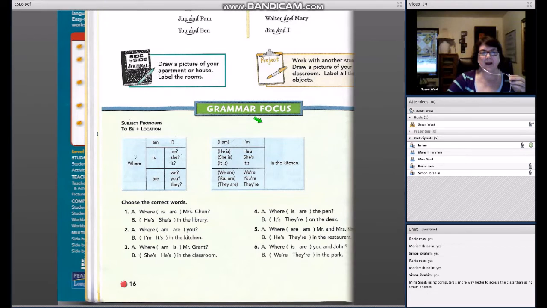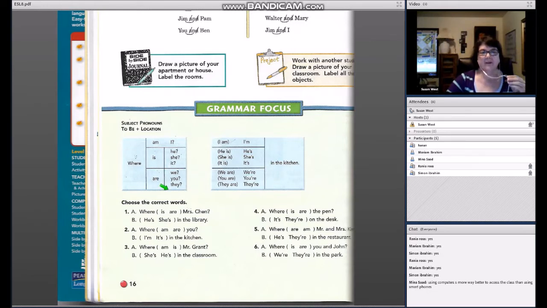And then our pronouns here, our pronouns are I, he, she, it, we, you, and they.